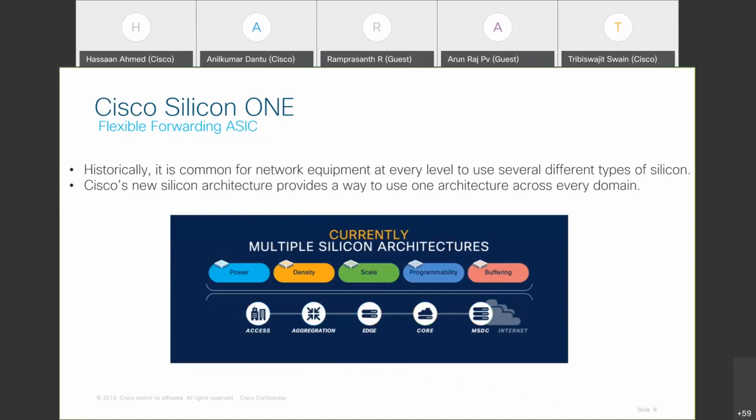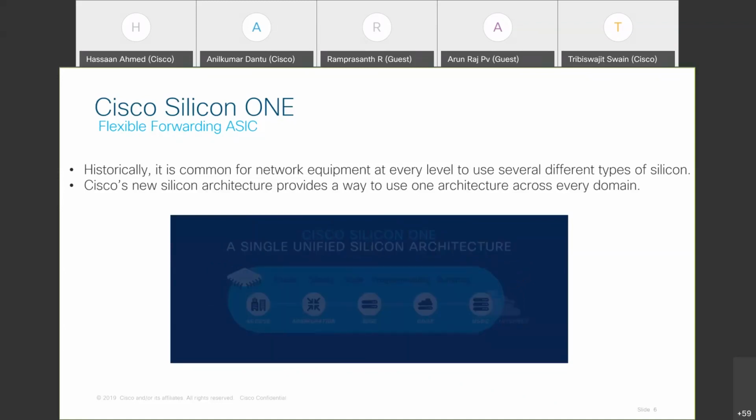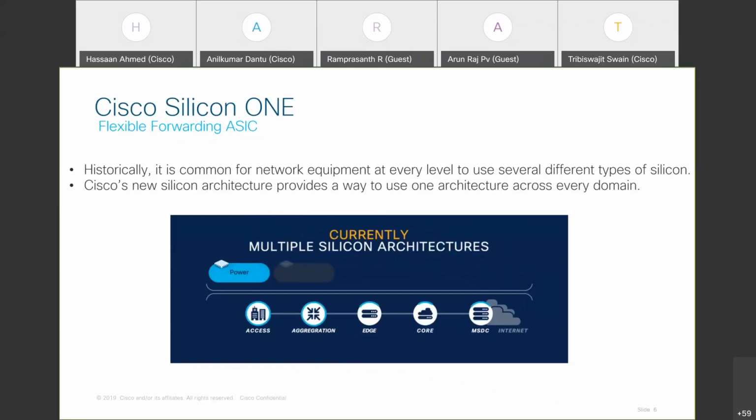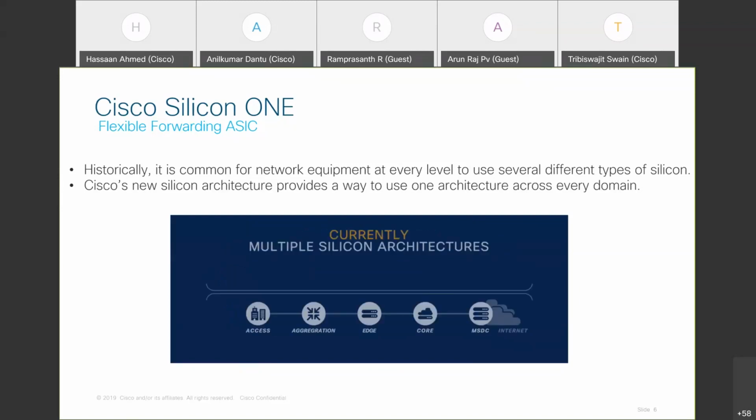So this is the Cisco Silicon One ASIC. The main advantage is that it supports the whole spectrum, whether it is access, aggregation, edge, core, and all. Plus, it has the best offering with regard to low power consumption, highest port density, and scale. The scale is the best available on a routing chip in the industry.